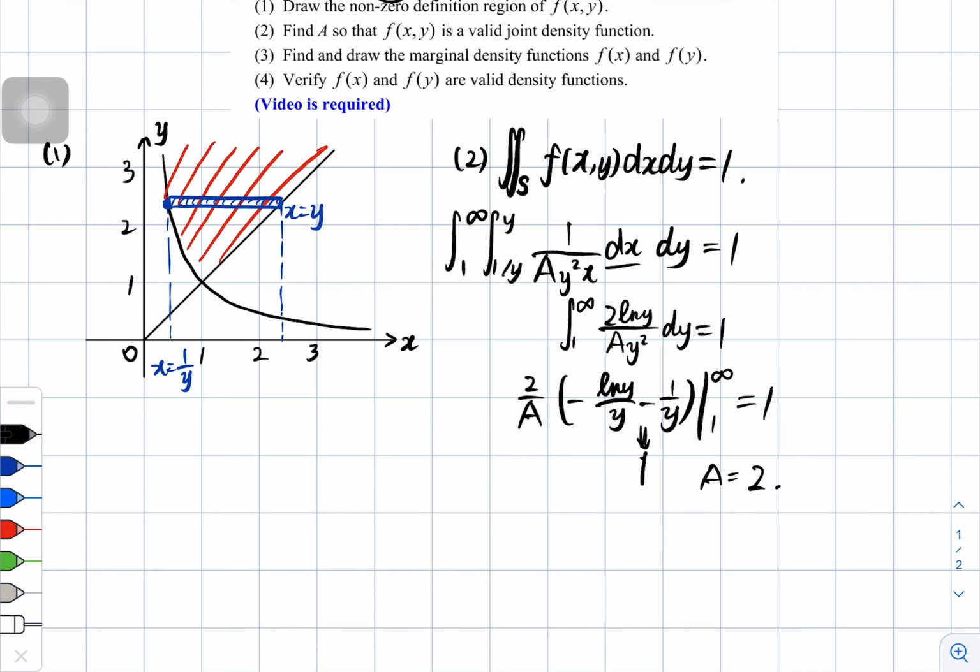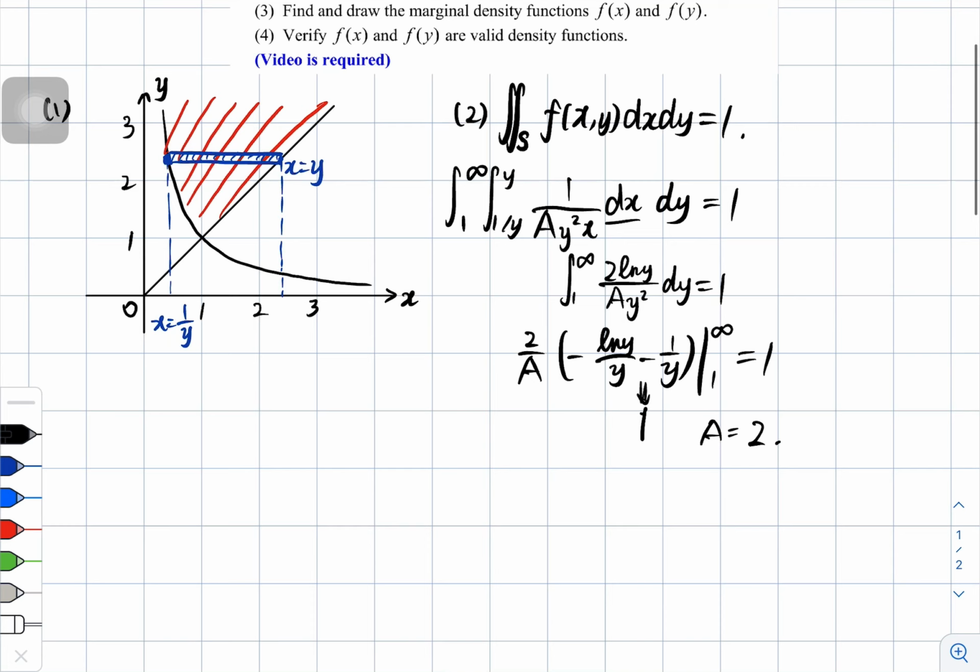For the third part, define and draw the marginal density functions fx and fy. Consider fx, the integral over y.